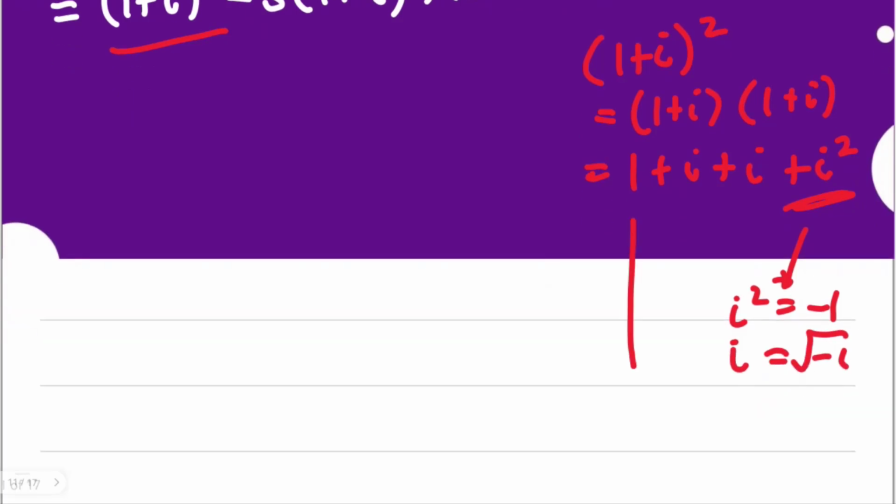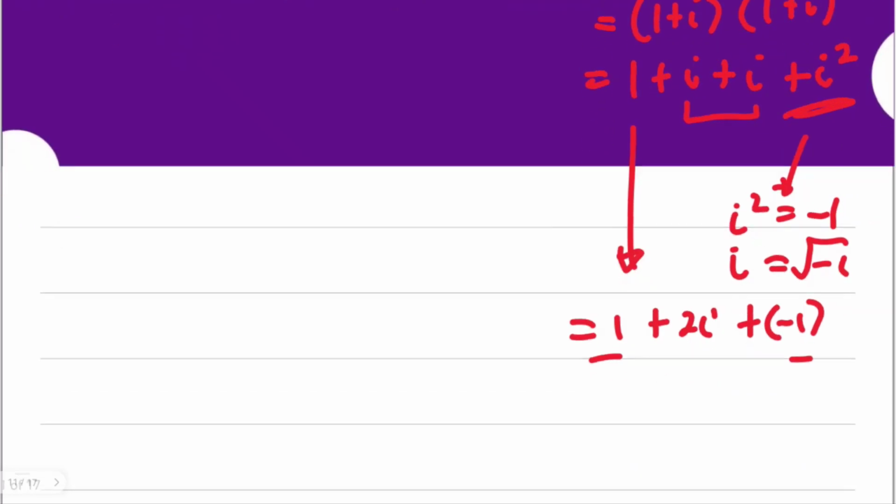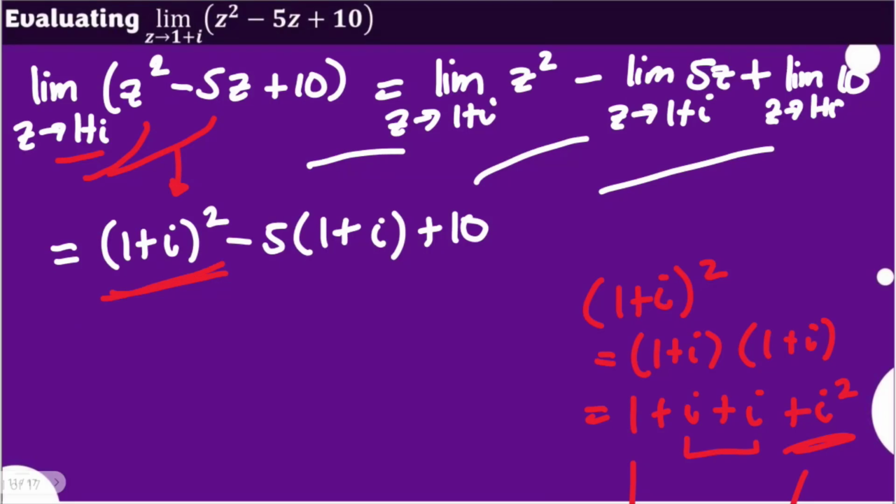That would mean this is equivalent to 1 plus 2i as the sum of this, and then you have here plus -1. Of course, these two would be cancelled. So the result for the first term, again just the first term, is 2i. And that's this first term here. This is now equivalent to 2i.